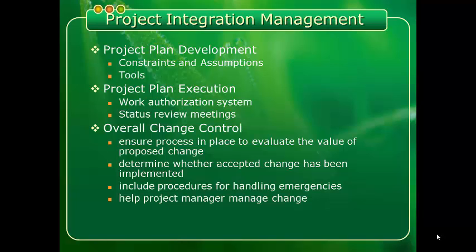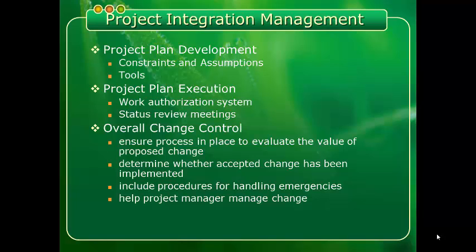Then determine whether accepted change has been implemented. So if we have an adjustment, we should check. And better yet, if we have change, we should somehow incorporate that change.